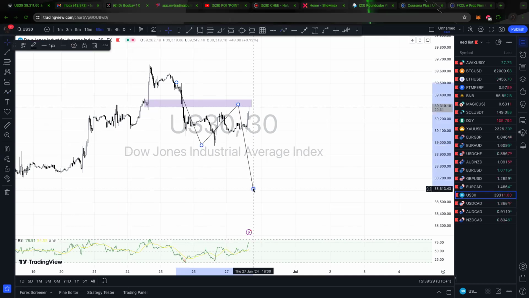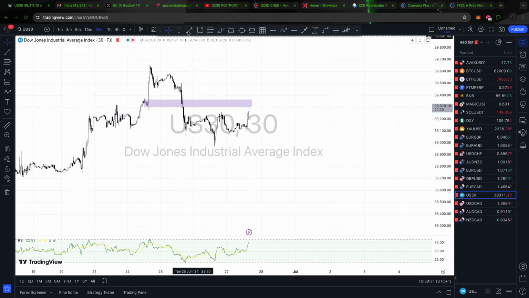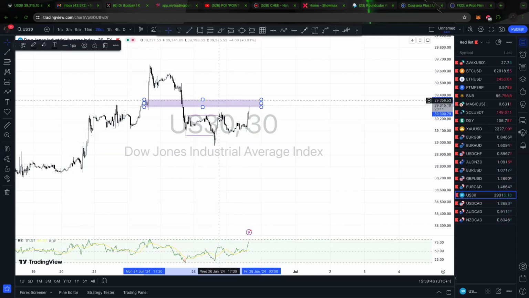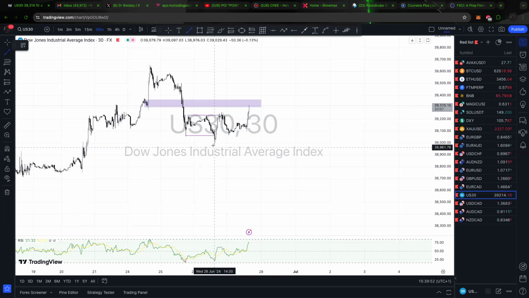So why did I finally take this trade? Because price created liquidity right here and broke structure. And there is a POI here, right? So what I expect price to do now is, it tried to take out the structure here, but it did not break the structure again. That is why it's now a low probability trade, so I went to reduce my lot size.